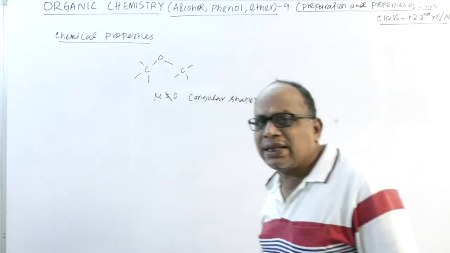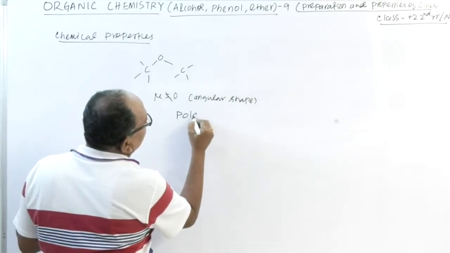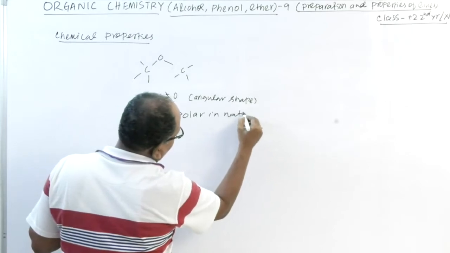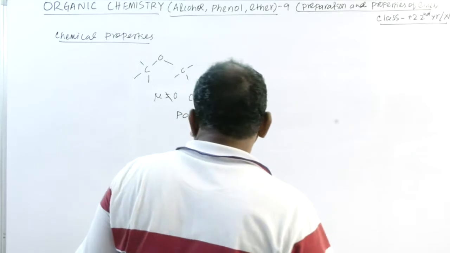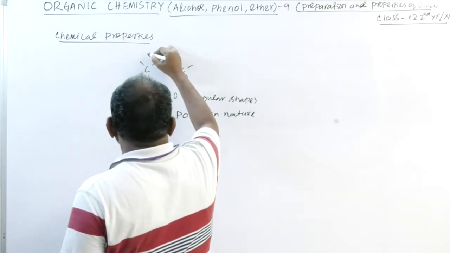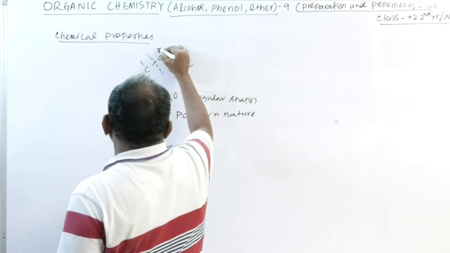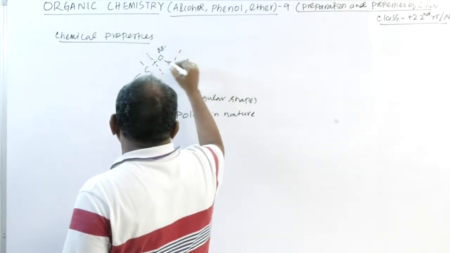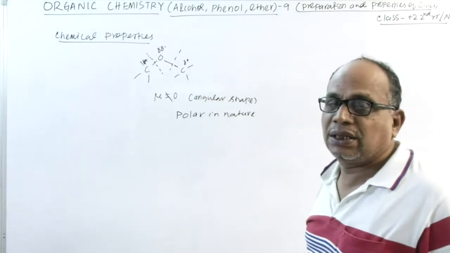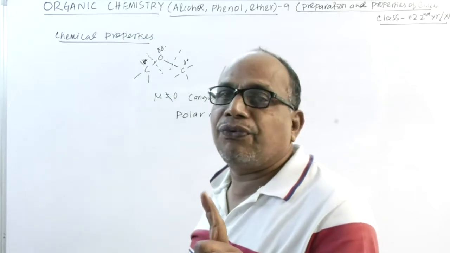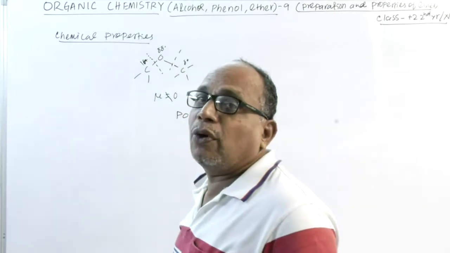If the dipole moment is not 0, it means it is a little bit polar molecule, polar in nature. Which bond is polar in nature? This bond is polar in nature, this oxygen possesses fractional negative charge, this carbon atom possesses fractional positive charge. So during the reaction of ether, particularly the carbon-oxygen bond gets cleaved.